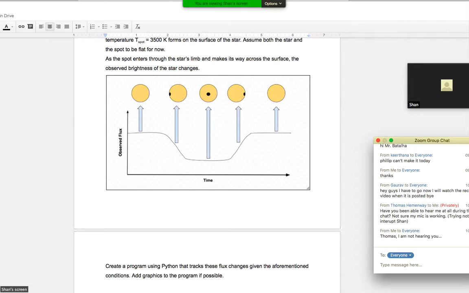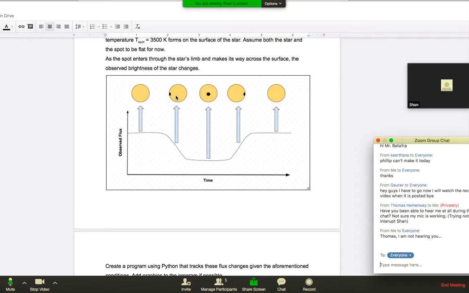To let the program accommodate all of the latitudes. Yes, and more so for T-Tauri stars in a dipolar field, you have not a spot on the equator, right? The spots are at high latitude, and it's not just one. You have two. You have one on the top, pretty much close to the North Pole, and you have another hot spot close to the Southern Pole because it's a dipolar configuration.